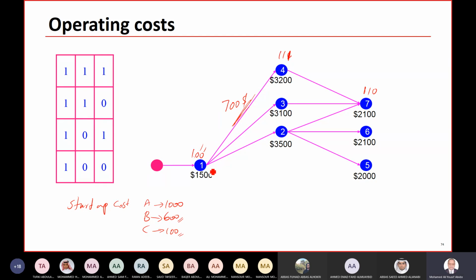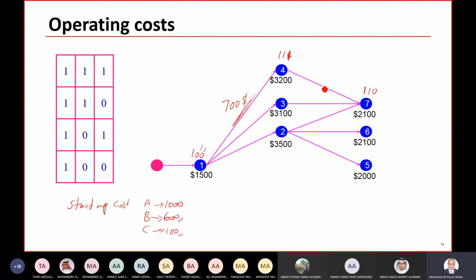So when you want to evaluate this path and get the total cost of this path, you have to consider $700 as a startup cost. For this one, what do you think? For this path or this link? Zero. This is 111 and this is 110. So how much cost is involved here? 600?